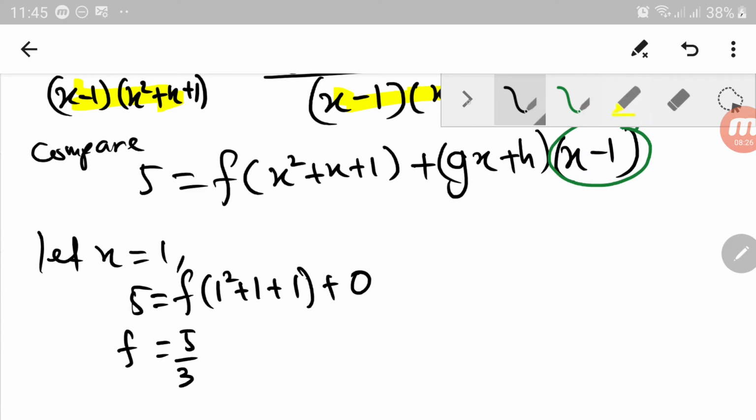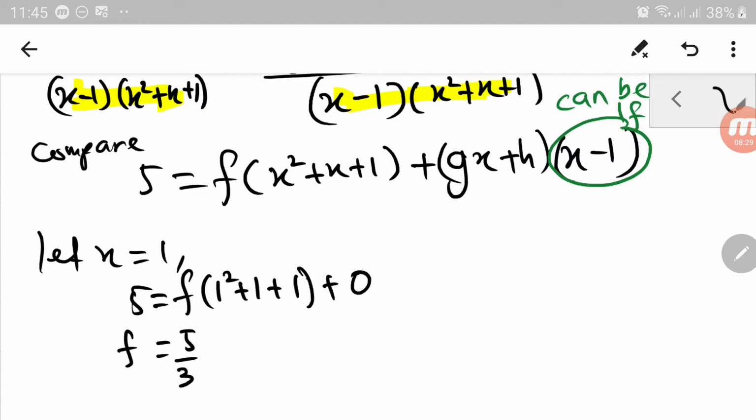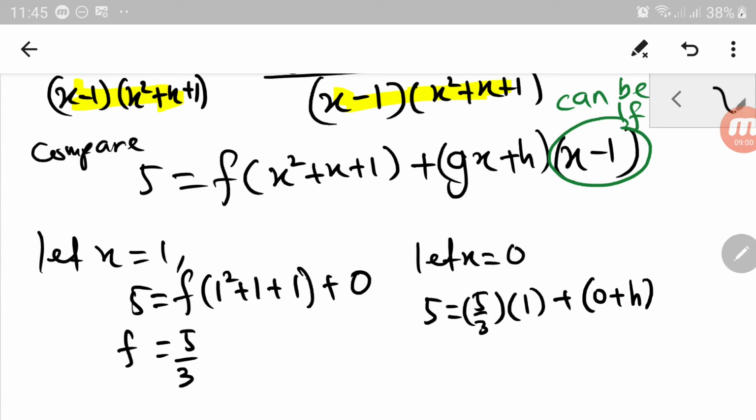Next, since there's no factor around, there's nothing to substitute to make it 0, so we need to let x equal something else. The easy one, 0. So 5 equals f, which we already know is 5 over 3, times 0 plus 0 plus 1, which is 1, plus g times 0 plus h, times 0 minus 1, which is minus 1.